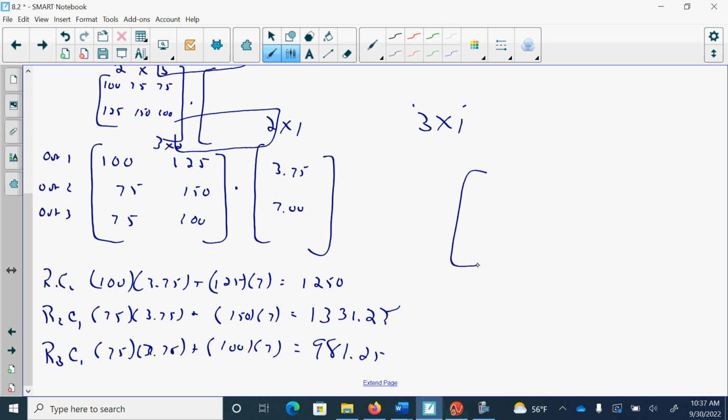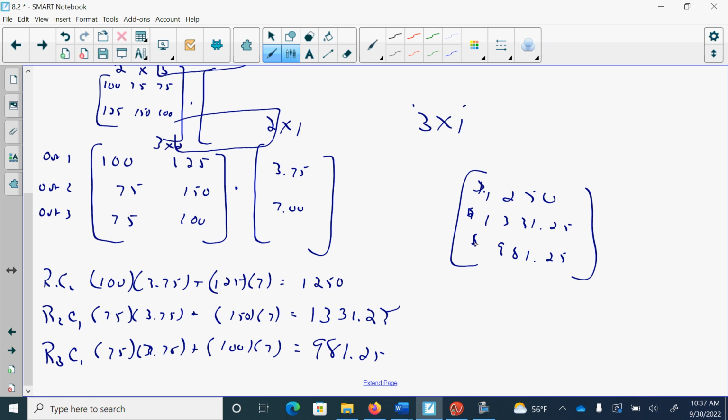So if I wrote this as a matrix, I know that the units are cash or money, but what is 1250? What does that represent? It's $1,250 what? American money, yes.